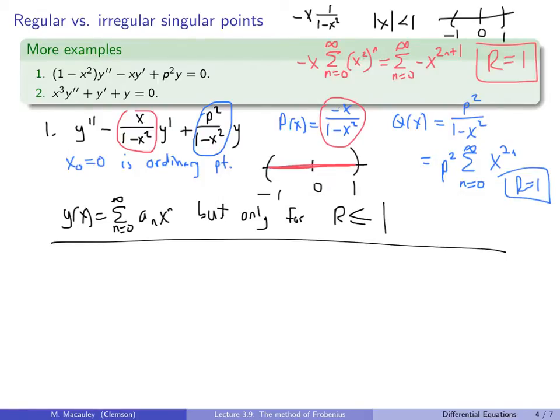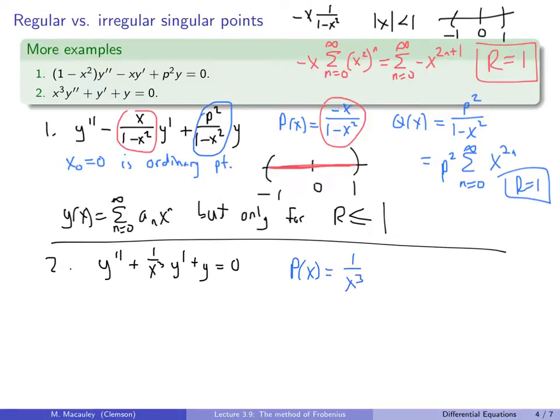Let's do the second one. This is similar to what I did in the previous slide. So let's write this in standard form. Y double prime plus 1 over x cubed y prime plus y equals 0. We look at this and we say p of x equals 1 over x cubed.